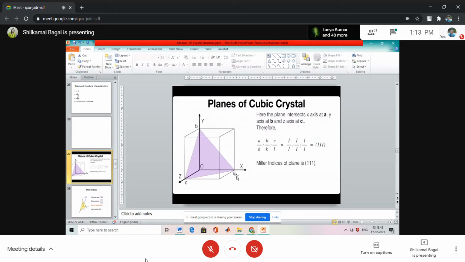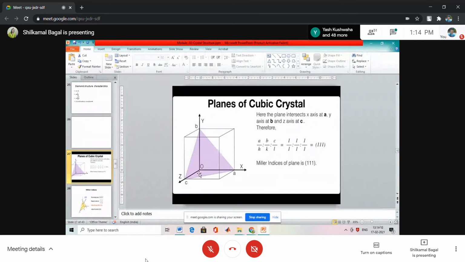These are A, B, C, and that is nothing but the crystallographic axis. We are mentioning this system in a crystal. These are the crystallographic axis or primitive axis A, B, and C, and they are along the edges of the unit cell.